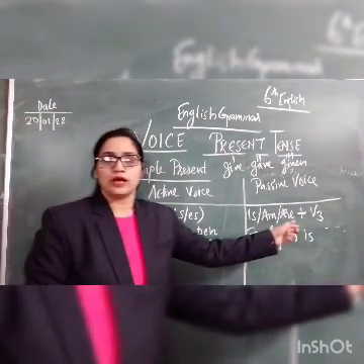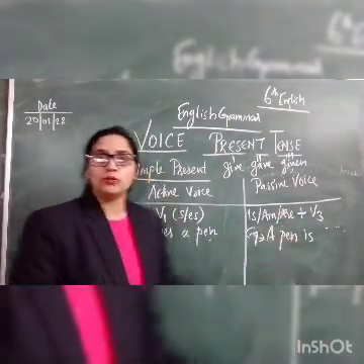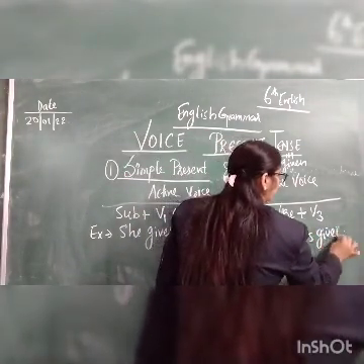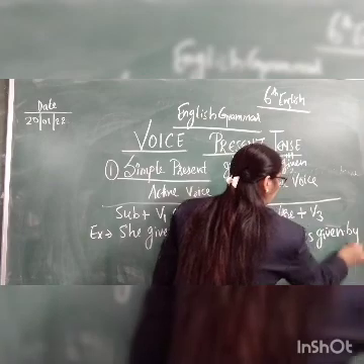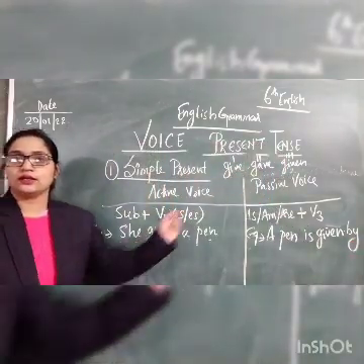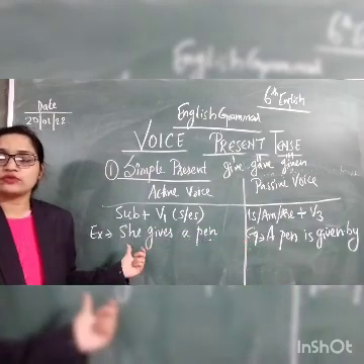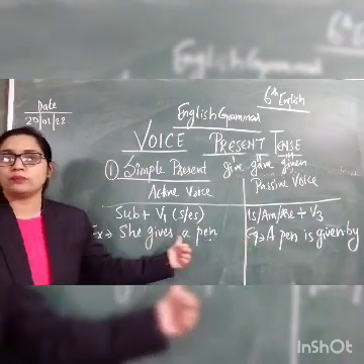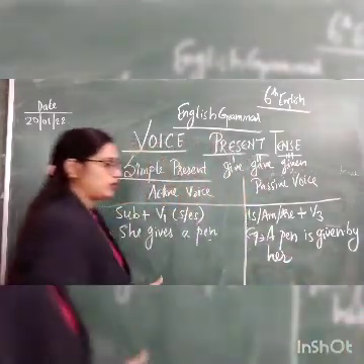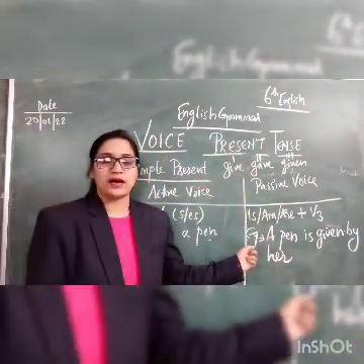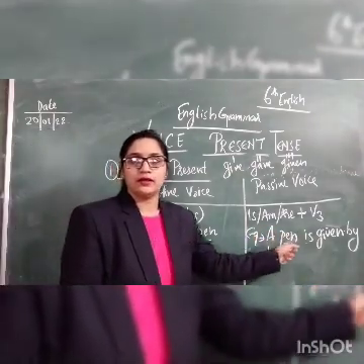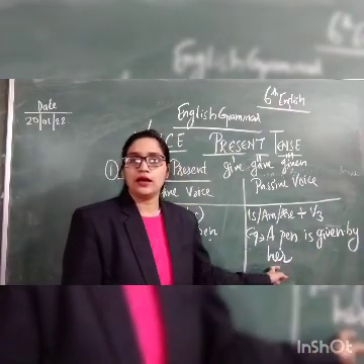So here we have to write the verb third form. So a pen is given by she. She is the subject here. That will become object there. So when we change this she into passive, this she becomes her. So in passive, this structure will be a pen is given by her.